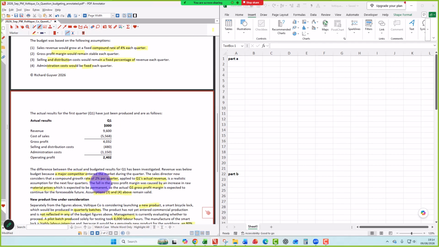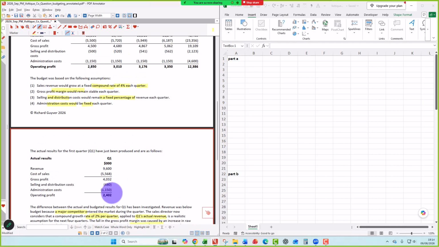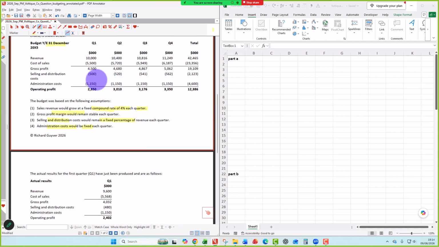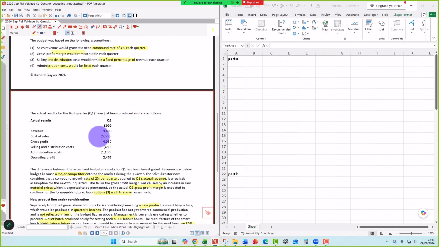And it tells us that there was a fall in the gross profit margin because of raw material prices, and that's expected to be permanent. So therefore, we should use the actual figure down below rather than the budgeted up above. The assumption around selling and distribution was that it would remain a fixed percentage of revenue, and it says here that that remains valid. Same for admin costs, would be fixed each quarter, and that remains valid.